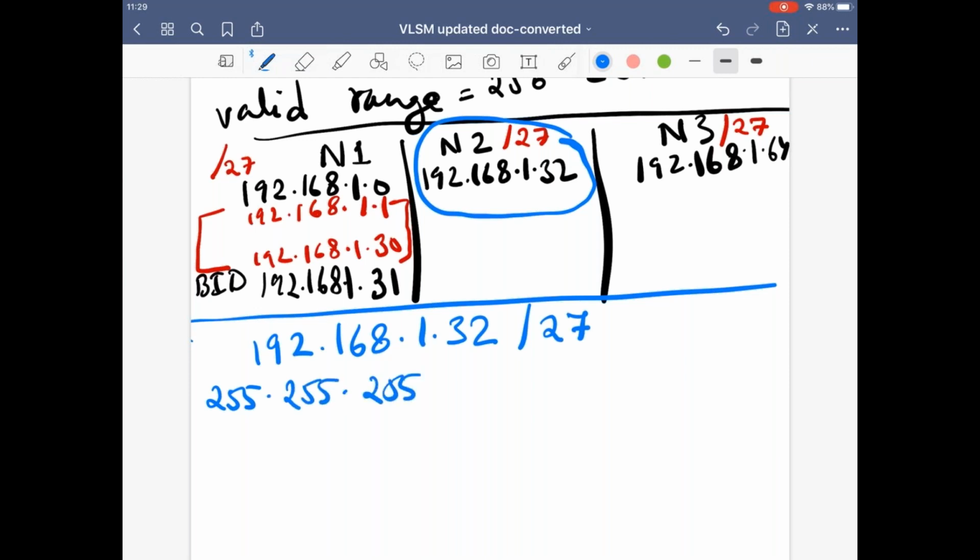255.255.255 dot. I can convert it like this.